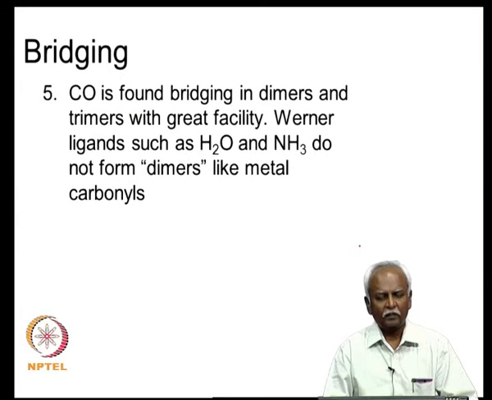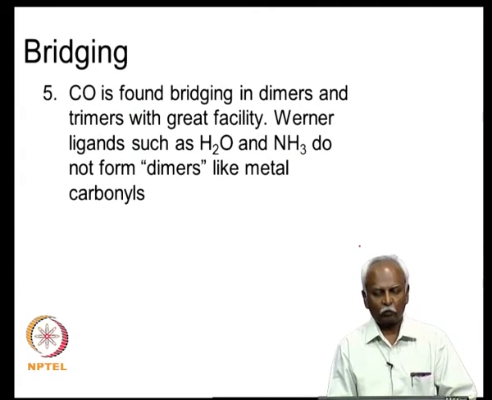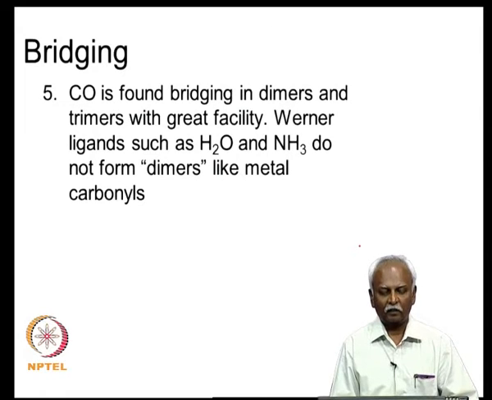Carbon monoxide is a nice terminal ligand, or in other words, it can donate 2 electrons and form a metal carbonyl bond, and that is a terminal ligand. And surprisingly, carbon monoxide is found to be bridging in some of the dimers and the trimers that can be generated, especially in the case of the first row of transition metals.